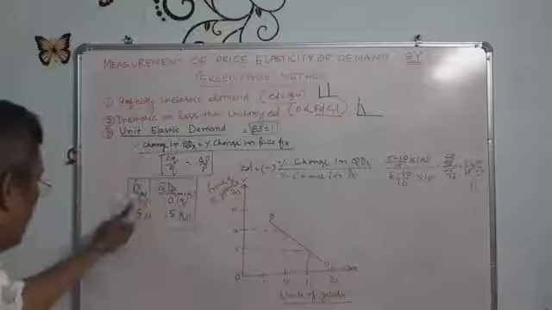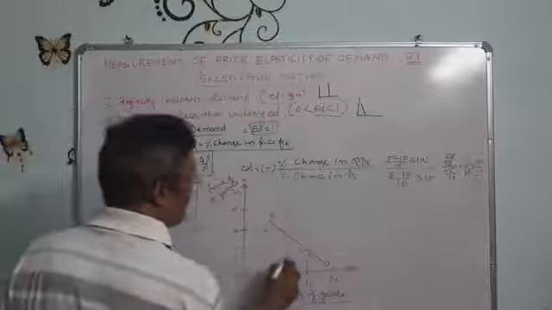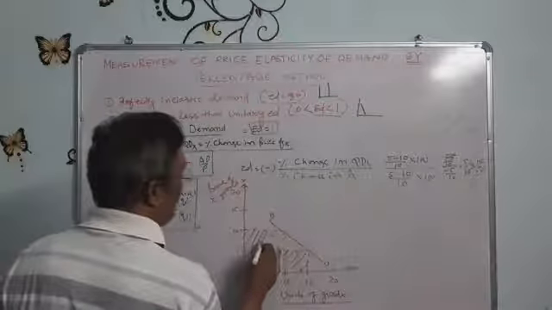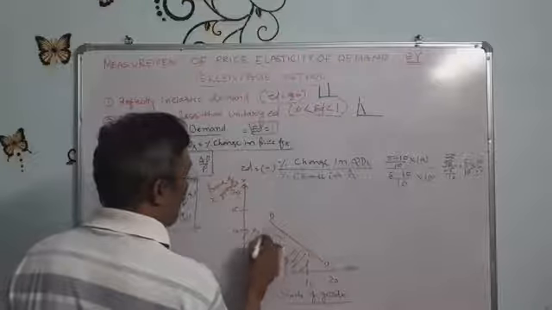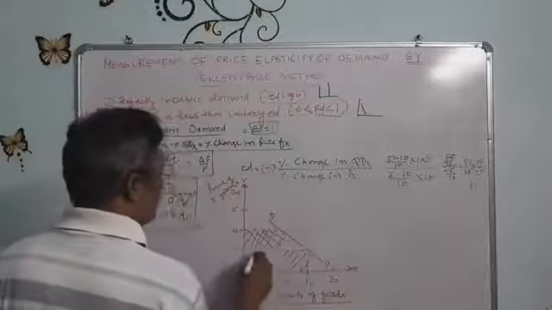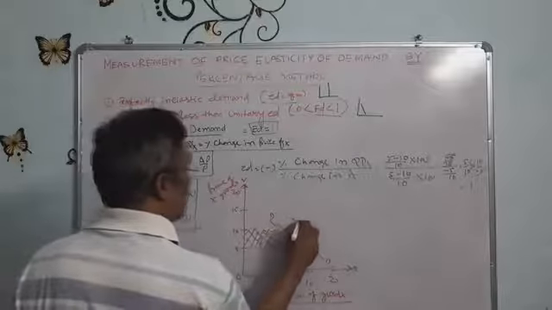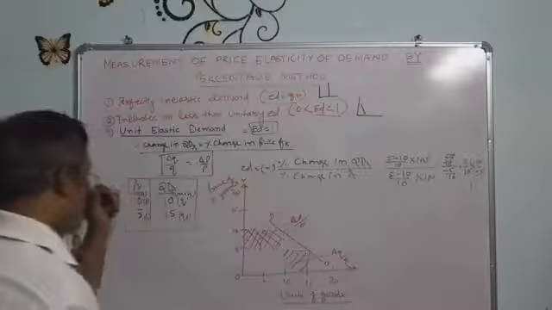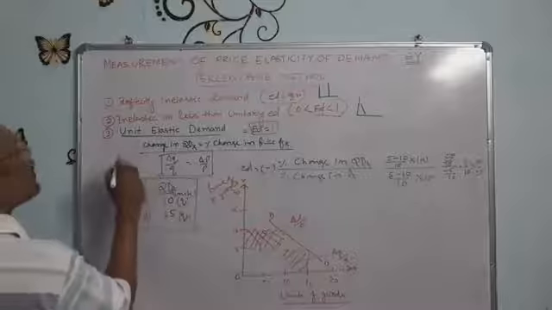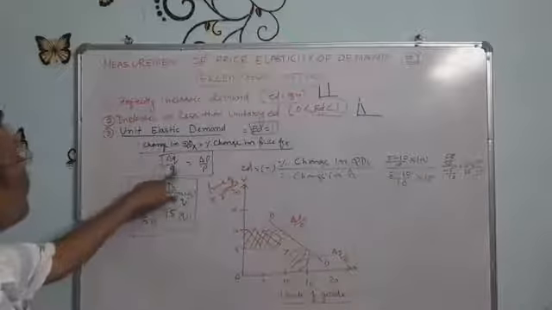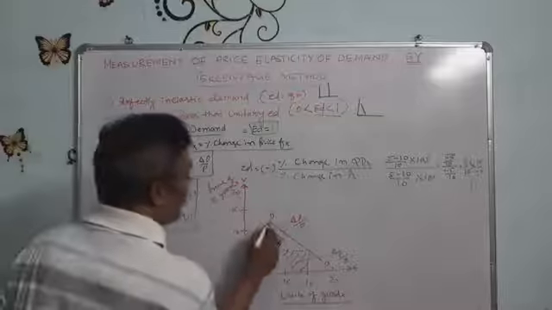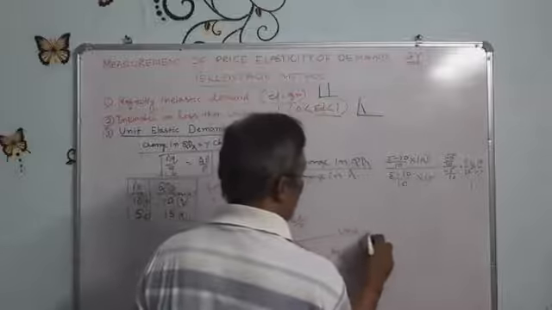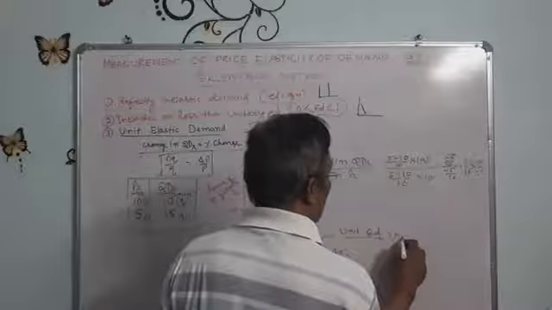So it means percentage change in quantity demanded. This is the percentage change in quantity demanded, and this is the percentage change in price. So this is delta P upon P, and this is delta Q upon Q. As per our analysis, unit elasticity of demand equals delta Q upon Q equals delta P upon P. DD is known as this, called unit elasticity of demand, or elasticity of demand equal to 1.